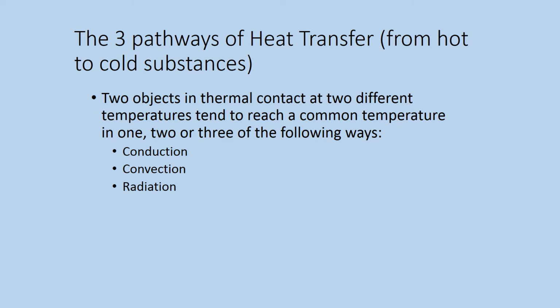These methods are, as we said before, conduction, convection, and radiation. And typically, the temperature that they will reach in common will be between the temperature of the hotter mass and the colder mass. And we'll discuss how these occur and how this energy transfer or heat transfer takes place.